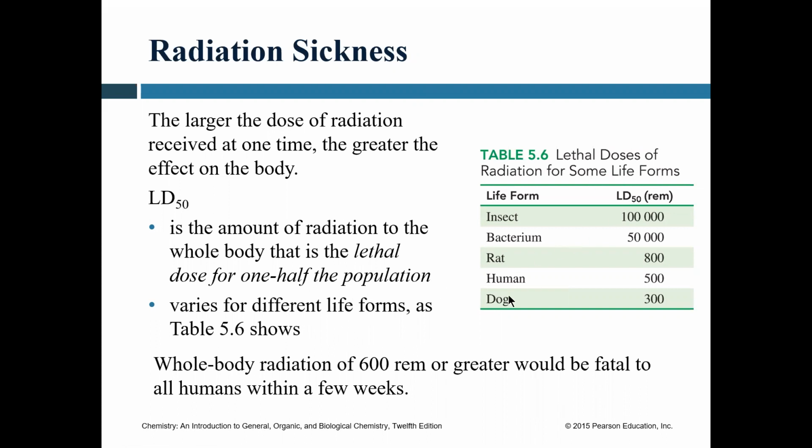We can see a dog is about 300 REM. A bird would be even less. A human, 500. So dogs will not fare as well in a nuclear holocaust as we will, but insects do really well. They need way more radiation than any human, dog, or rat needs to survive. An insect can even handle more radiation than a lot of bacteria.